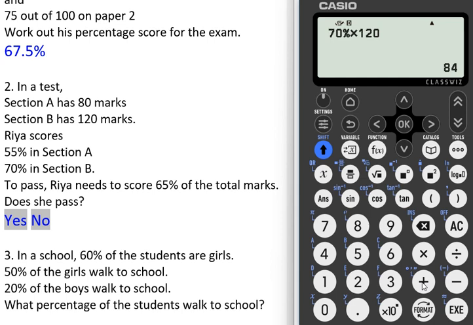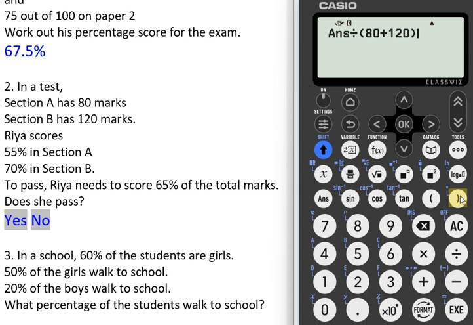So if I do add and shift and A, that should be those two added together, which gives us a total of 128 marks. But we need to divide that by the total number of marks available. So I'm going to divide that by, she has got, the first one is out of 80 and the second one is out of 120.